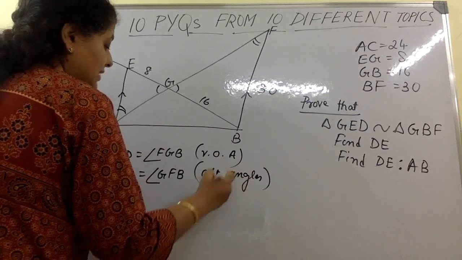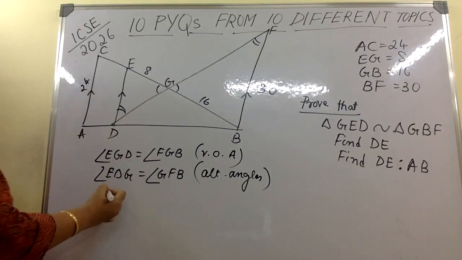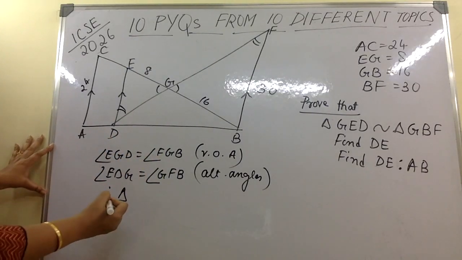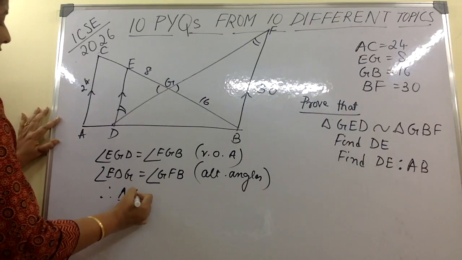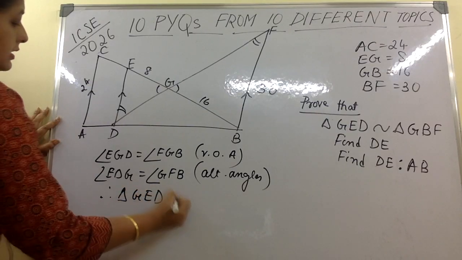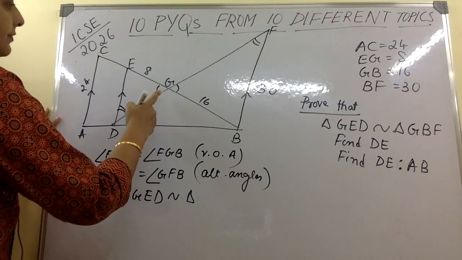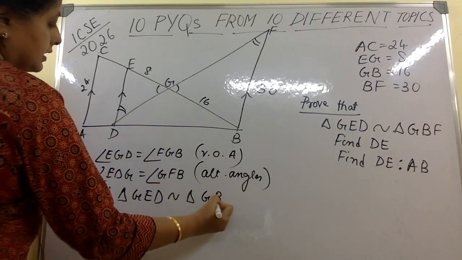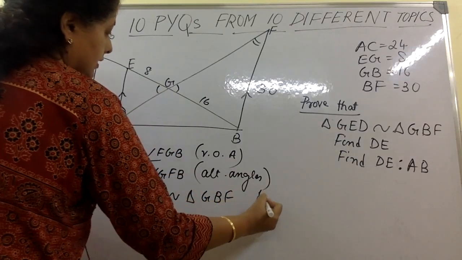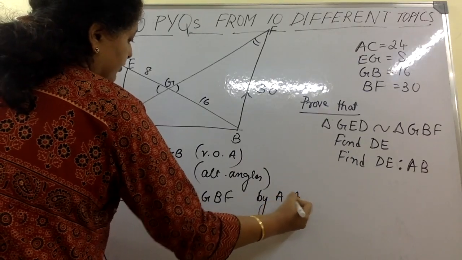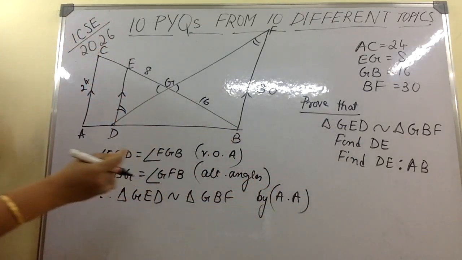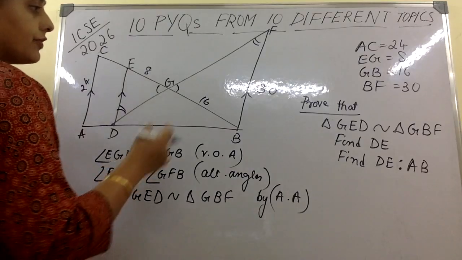If you just write this much, it is enough. Okay, you get your marks. Therefore, triangle GED is similar to triangle GBF by AA. If you just write AA, more than enough, for similarity.